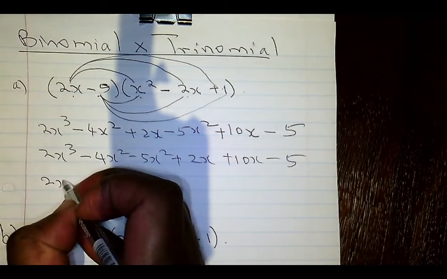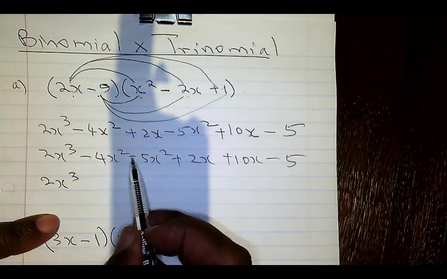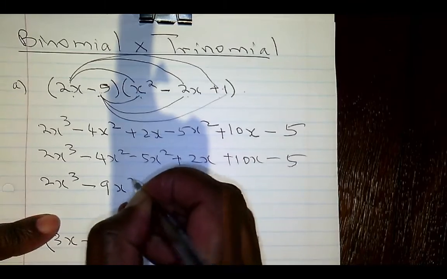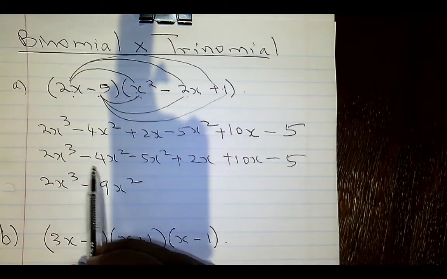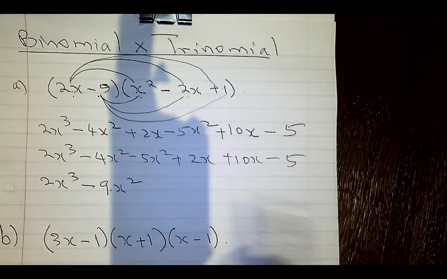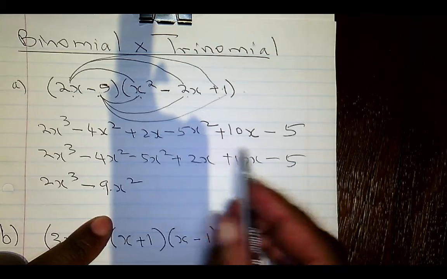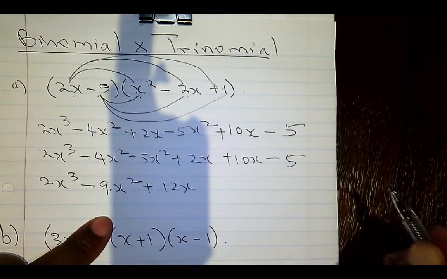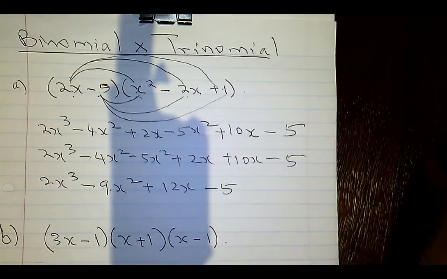So 2x cubed will stay there. Minus 4x squared minus 5x squared will give us minus 9x squared. I'm also assuming that you still remember that minus 4 minus 5 is minus 9. Then 2x plus 10x will give us 12x. Then the minus 5. And that will be our answer.